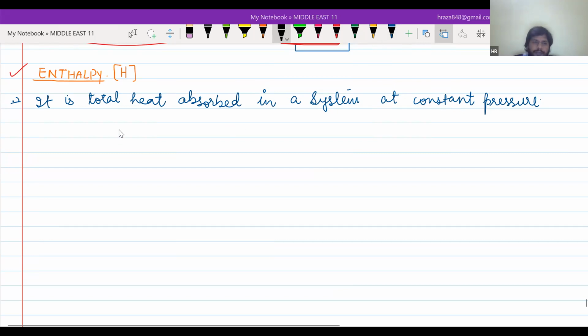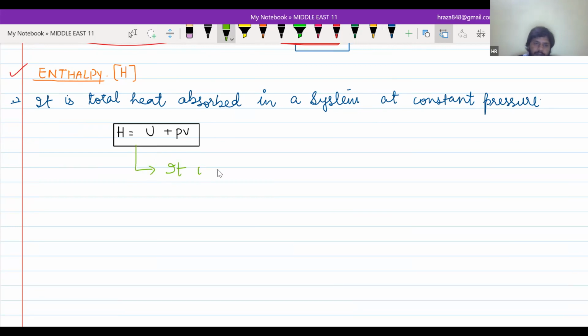Just see, enthalpy equals internal energy plus work done, PV. U is for internal energy and PV is for work done. There is another definition for this mathematical expression.